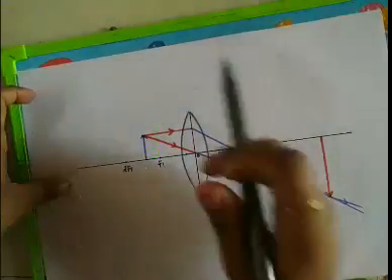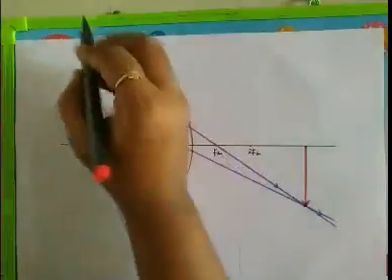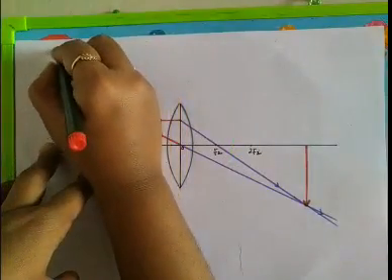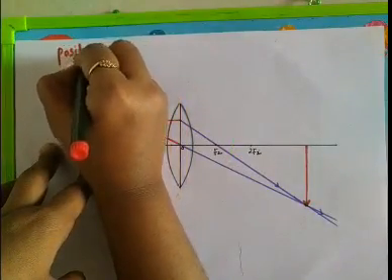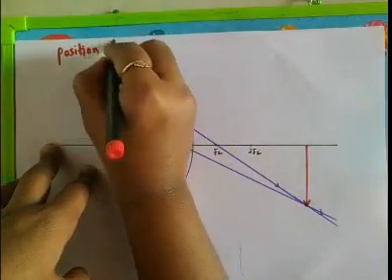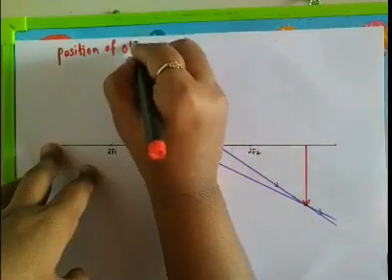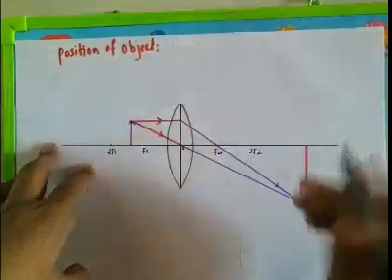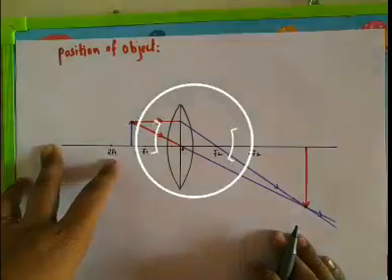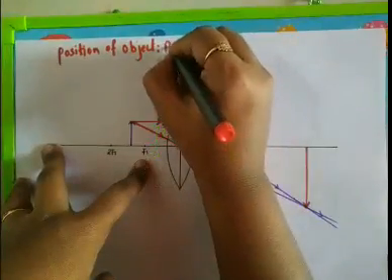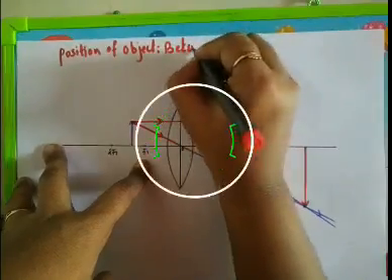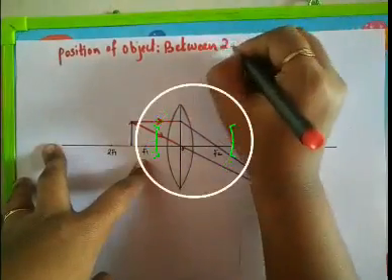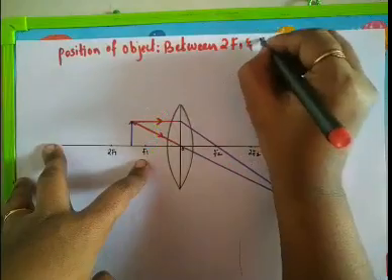First, position of object. Where is the object kept? It is kept between 2f1 and f1. So we will write here between 2f1 and f1.